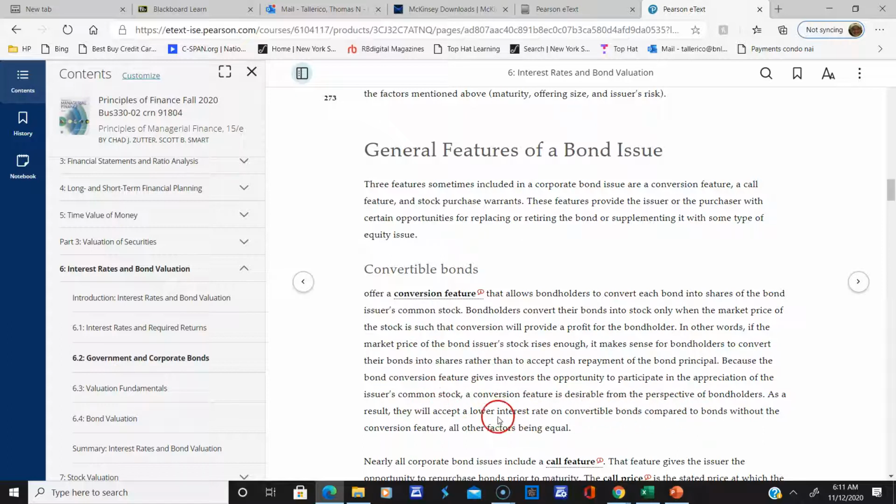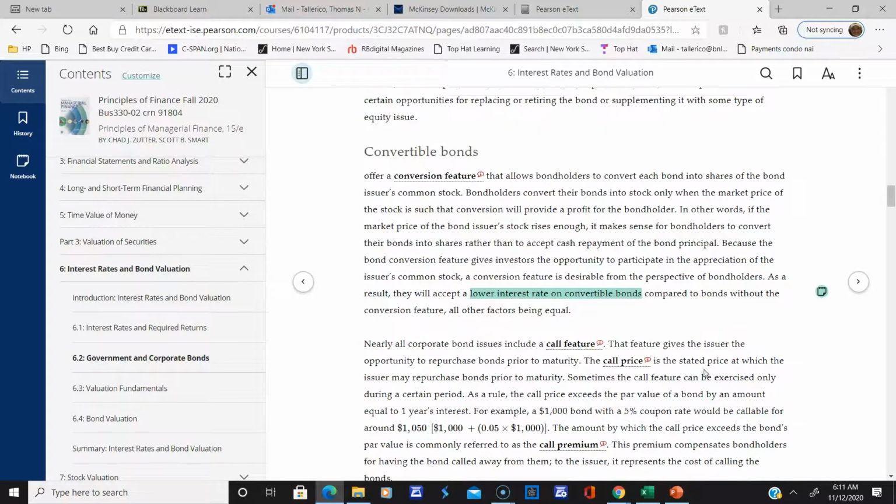Now, because you have a bond that's convertible, you have an extra feature, so you're going to accept a lower coupon rate or interest rate, right? That should make sense to everybody, right? Because you have something extra, right? So, that's an important point to understand.